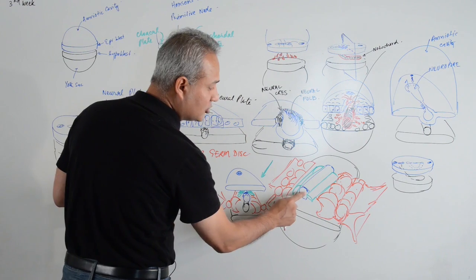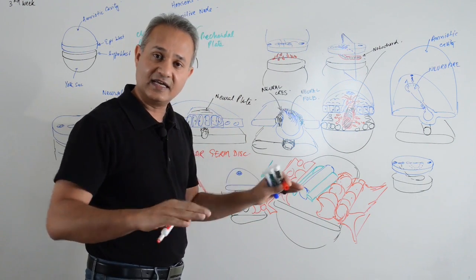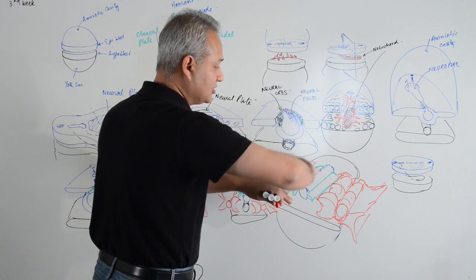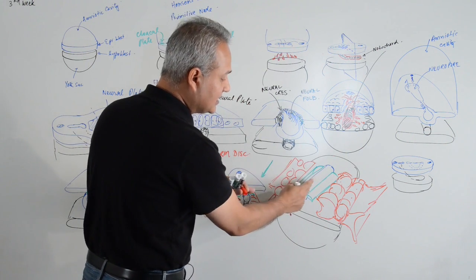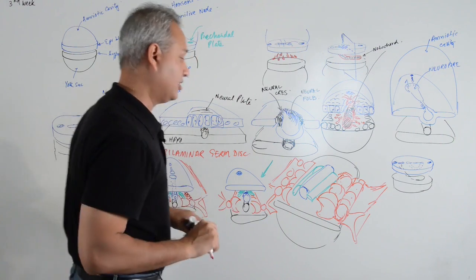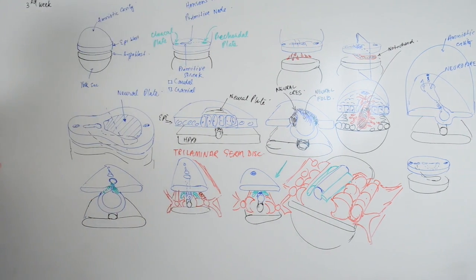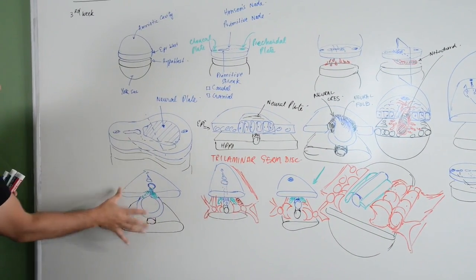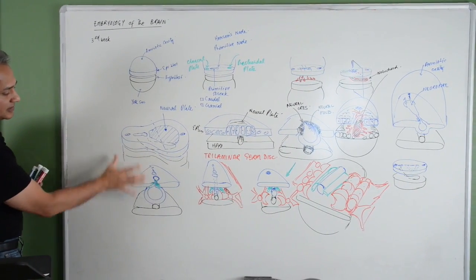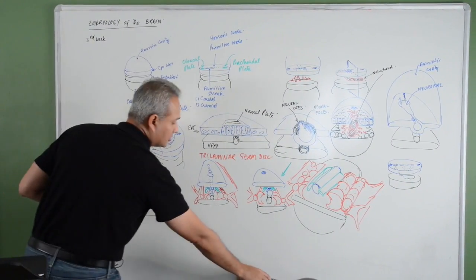Now let's see this neural tube. Let's say it is all decent, it is closed properly, the ectoderm above this is all closed as well. Let's see what happens to the neural tube. How does this make brain and spinal cord? So I'm going to make that here. Let me take this portion out.